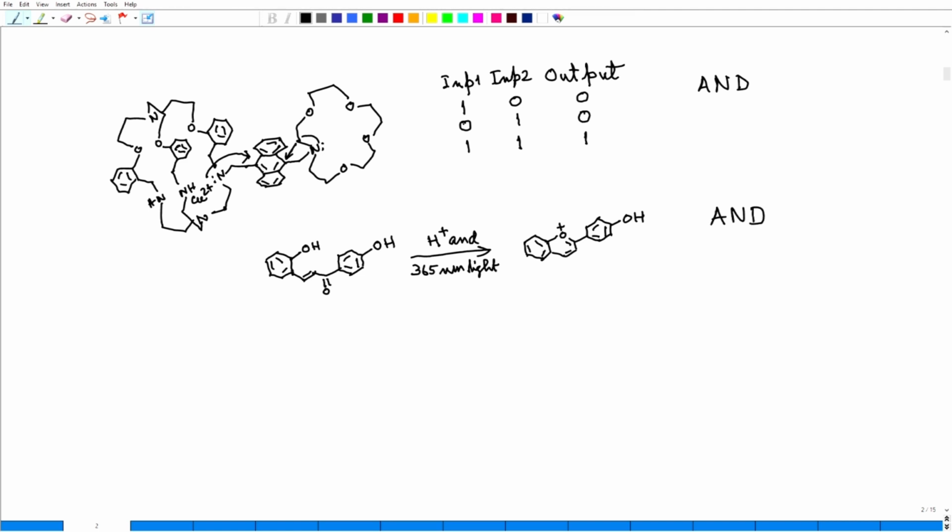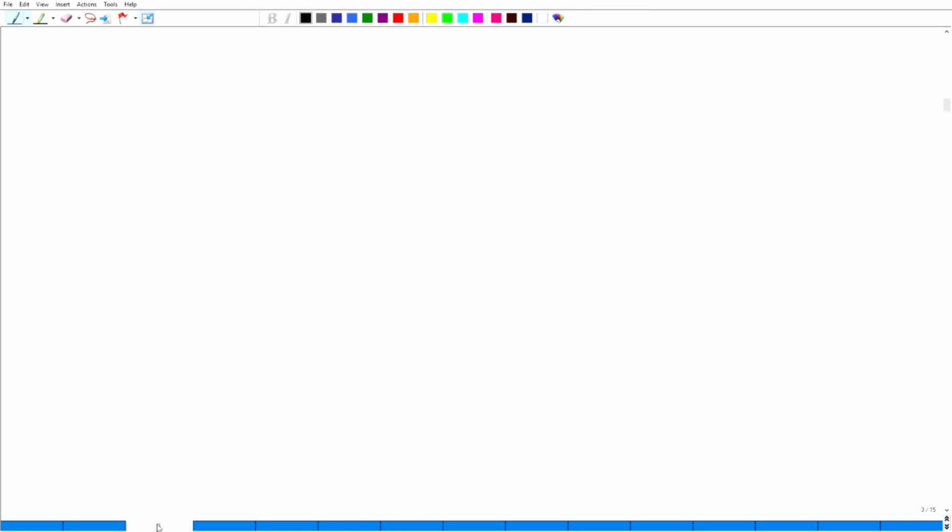Okay. Now, NAND logic. NAND means you have AND, NAND logic. Let me draw in the next page. NAND logic means AND logic gate with a NOT logic operation.